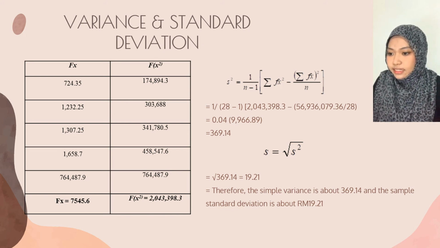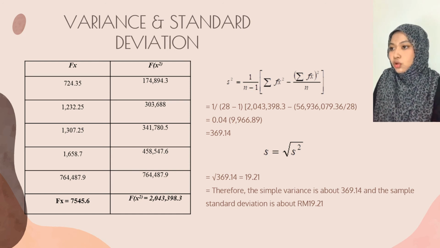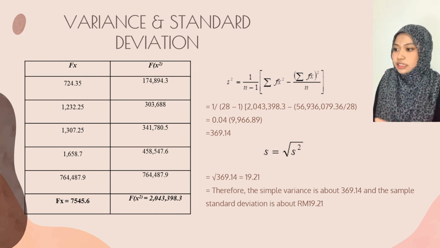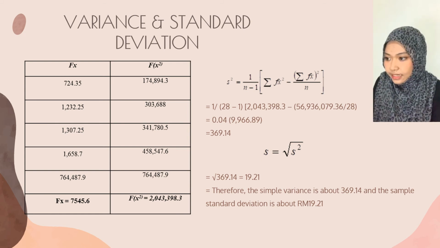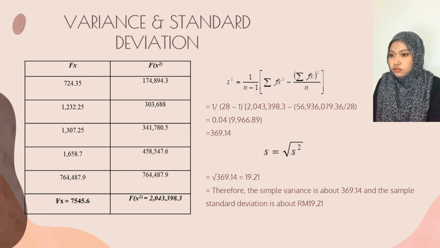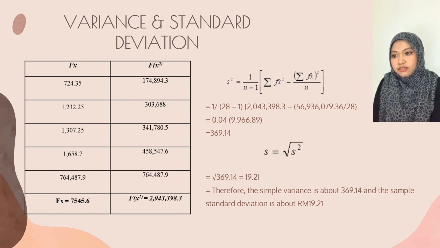But basically, to calculate the variance, we need to construct the table first, which is the table for the amounts of fx and fx squared. To get fx, you need to multiply the frequency by x, and to get fx squared, you need to multiply the frequency by x squared.